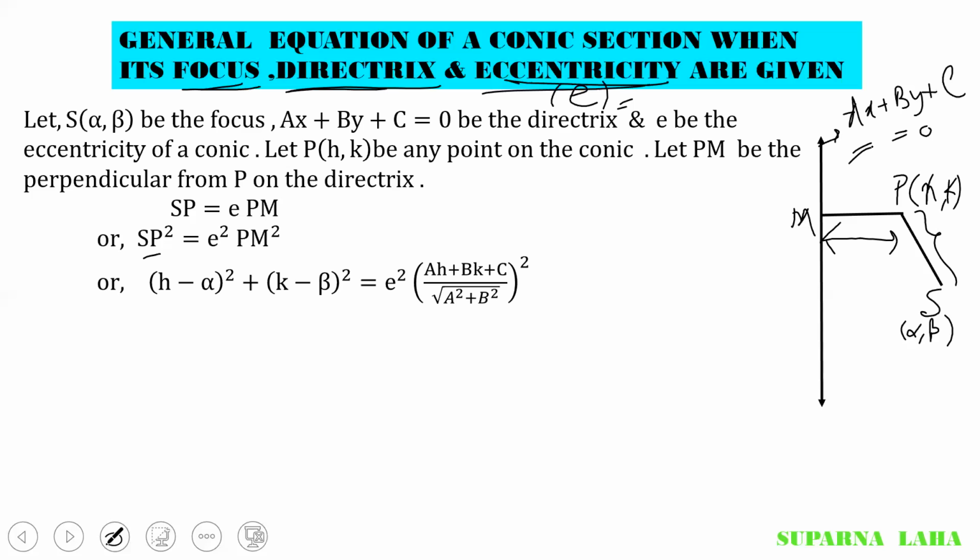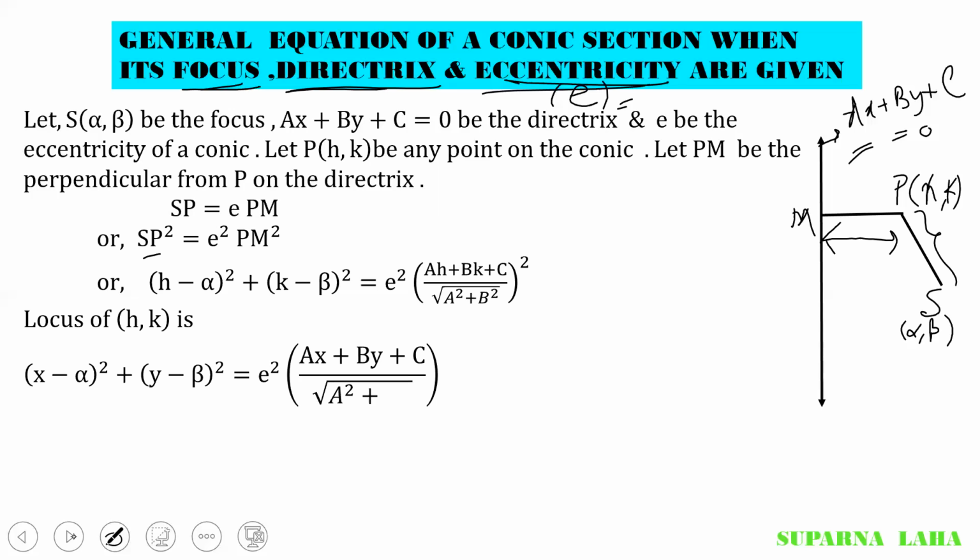Right? Now if we break the squares and simplify, and put x and y in place of h and k, we will find (x - alpha) squared plus (y - beta) squared is equal to e squared times (ax + by + c) divided by root over (a squared plus b squared), the whole squared. Now break the squares and multiply by a squared plus b squared.